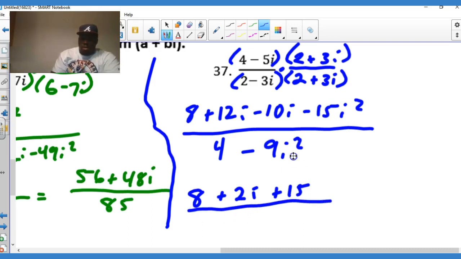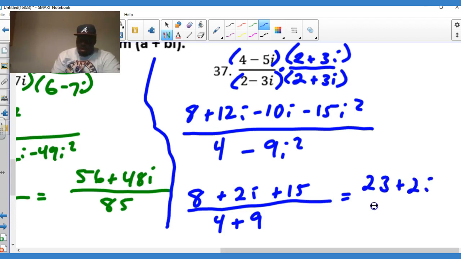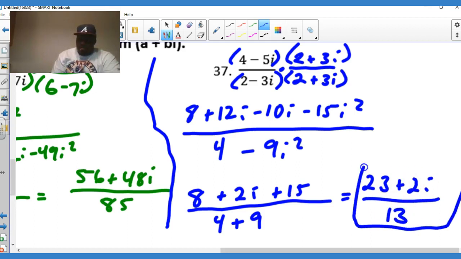At the bottom, i squared is negative 1, so negative 1 times negative 9 is positive 9. Alright, taking it a step further, we have 8 and 15. That's going to be 23 plus 2i. And at the bottom, you have 9 and 4, that's 13. None of these have common factors, so there we go.